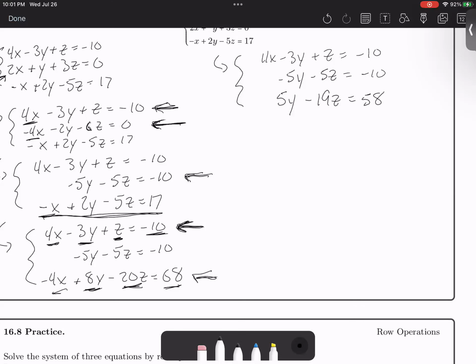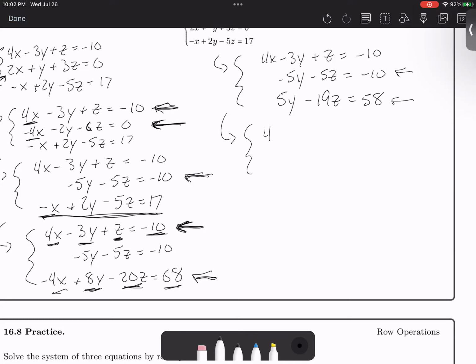Cool. So we've cleared out all of the x's except for the first equation. Now we need to clear out a y value in that third equation. And lucky for us, the coefficients are already what we need them to be. So we don't need to multiply the equation by any number, right? We can just add the second equation to the third equation and replace the third equation.